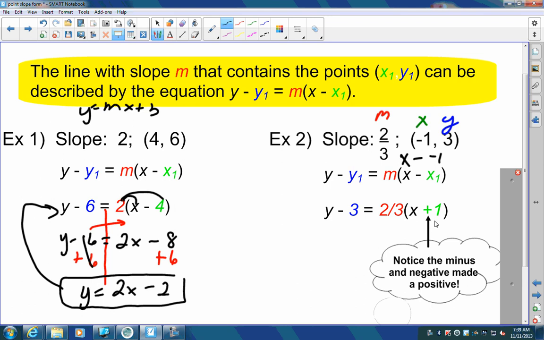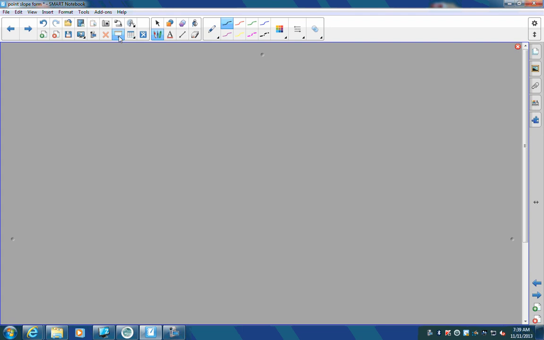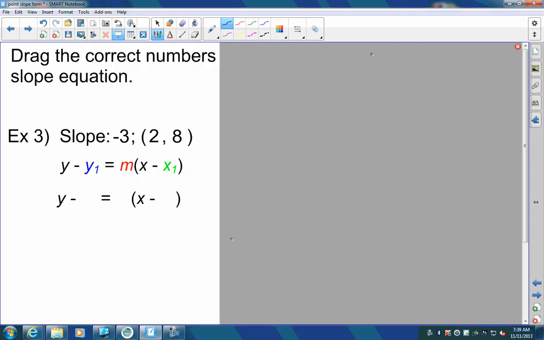All right, let's look at another one. So example 3. Take a minute and write this into point slope form. Plug in your numbers, and then if you think you know how to solve for y after that, do that.